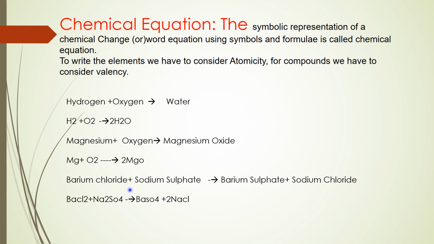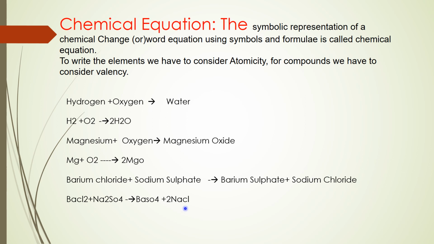Barium chloride plus sodium sulfate. These two are the compounds. These are the reactants that are taking part in the chemical reaction. A new substance is formed, barium sulfate. This is a precipitate, and sodium chloride is also formed. Now the barium chloride formula is BaCl2, sodium sulfate is Na2SO4, barium sulfate is BaSO4 and sodium chloride is NaCl.